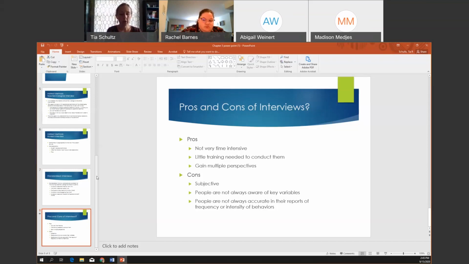But we have to remember that there are limitations to an interview. Interviews are subjective. You're going to get information based on what that person is experiencing. Some examples: we know from research that if a person, let's say a teacher, has just experienced the challenging behavior right before the interview, they're more likely to, without meaning to, report that it's more intense and or happens more often.